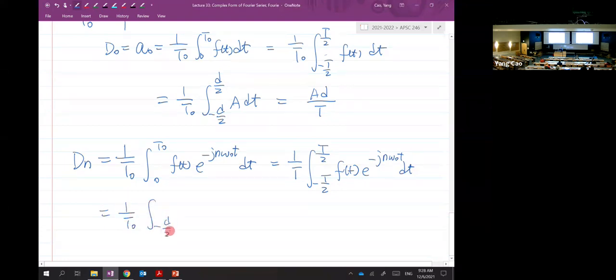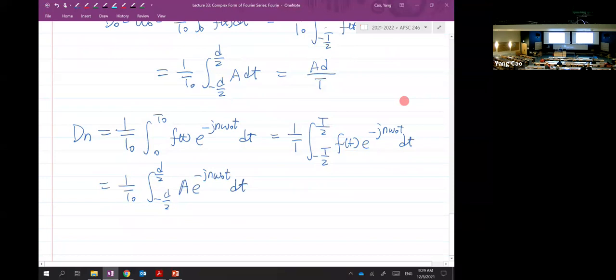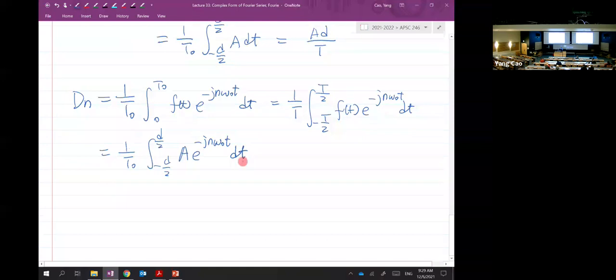Again, f of t exists only from negative d over 2 to d over 2, and the value is A, e to the power negative j n omega naught t dt. This seems to be a confusing integral, but keep in mind you're integrating with respect to t, so everything else you treat as constants: j, n, omega naught. You just integrate with respect to t.